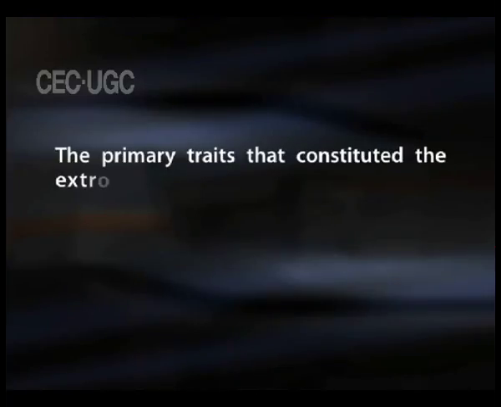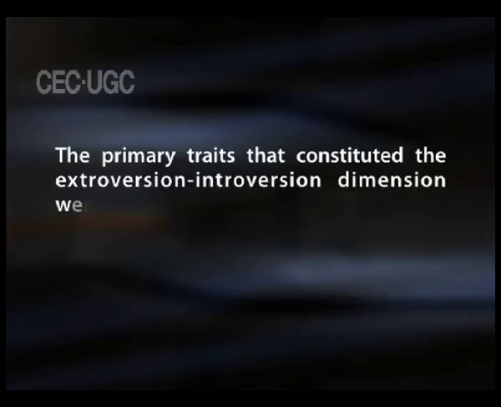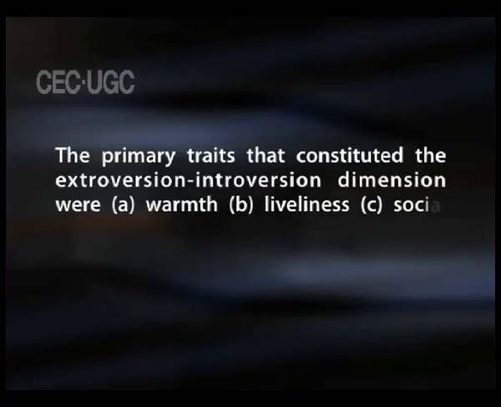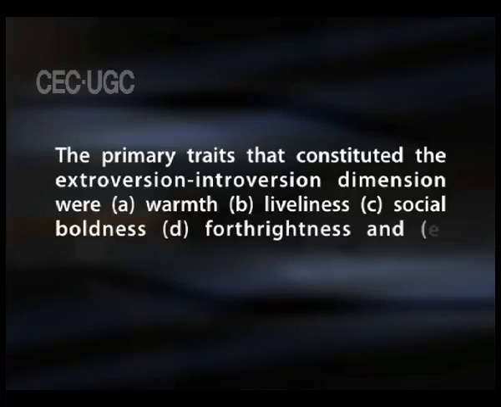It resulted from the natural affinity of 5 primary traits that defined different reasons for an individual to move toward people and away from people. Cattell stated that there was a natural tendency for these traits to go together in the real world, and these represented an important behavioral domain. The primary traits that constituted the extroversion-introversion dimension were warmth, liveliness, social boldness, forthrightness and affiliation.